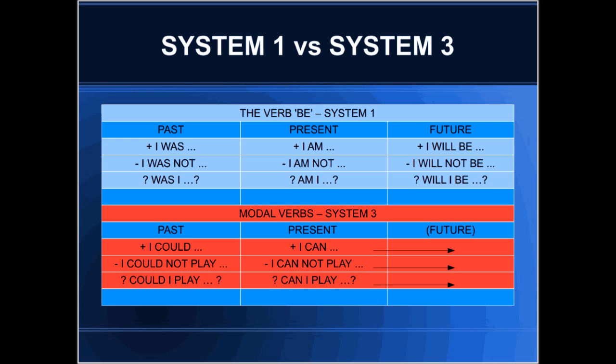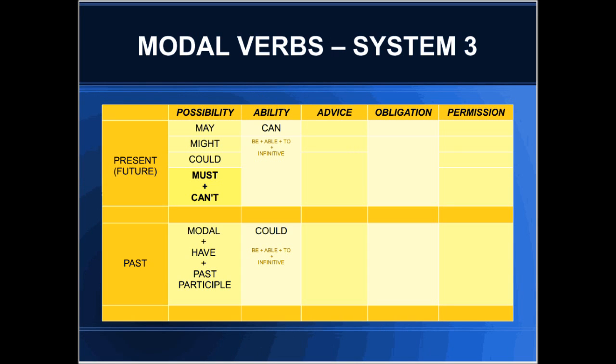Returning to the chart of modals, we can now add in information about possibility. Note the highlighted modals. They're highlighted because they are unusual opposites of strong possibility. Unusual opposites, where the grammar does not follow a logical pattern.